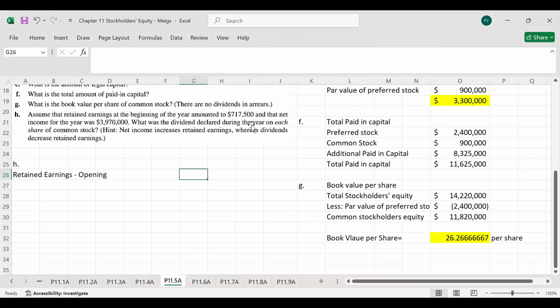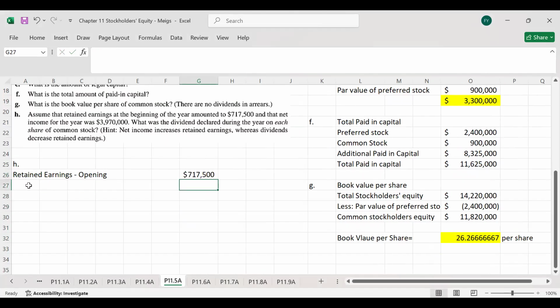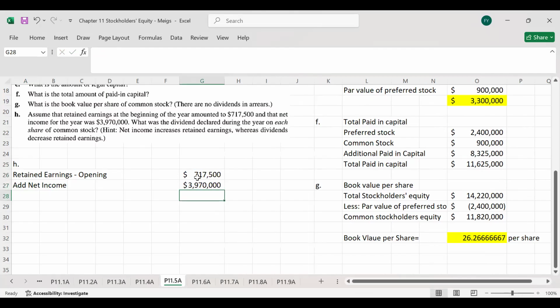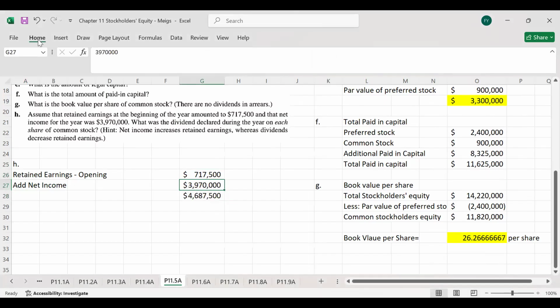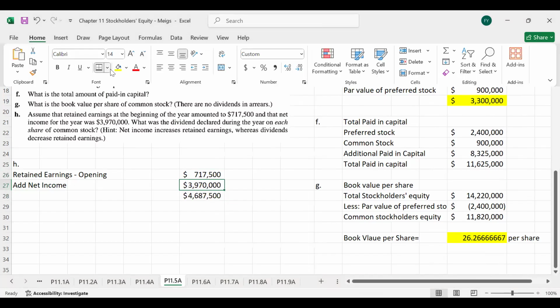This is given, which is 717,500, and then we add net income, which is also given, 3.970 million, or $3,970,000. So we add both. This is the amount which is available.